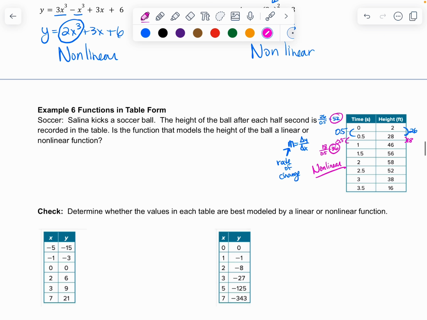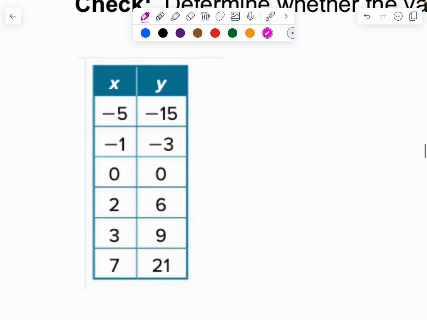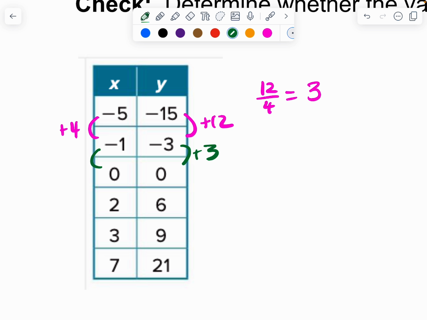Okay, so we're going to do the same thing down here. So this right here, this went up by 12. This went up by 4. So 12 over 4 is 3. Okay, so let's do this. This went up by 3. This went up by 1. So 3 over 1. That would be 3. This went up by 6.